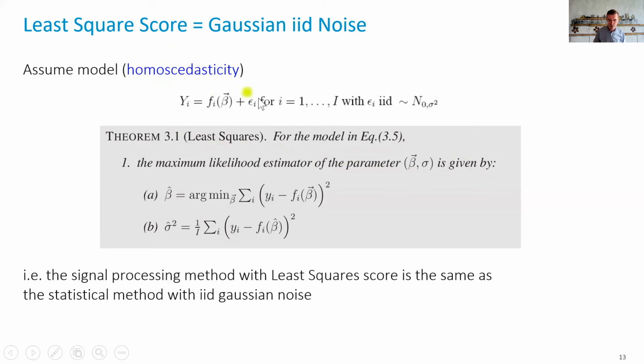If we have a model of this type, statisticians call it a homoskedastic model. This complicated word means homo means same, and skedastic probably means variability or something like that. It simply means it's a model with the same variance. The error term is additive and is the same for all terms.